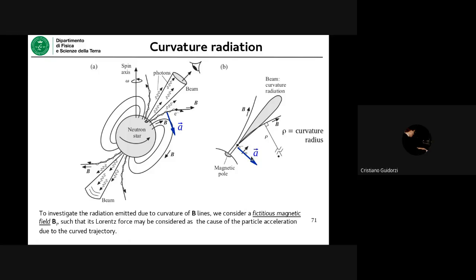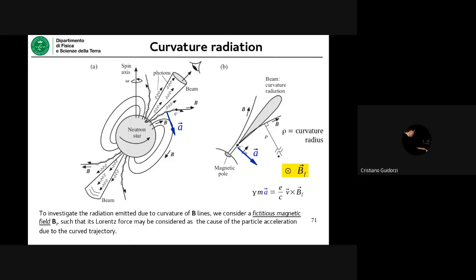Because then you can exploit all the results about synchrotron radiation using this fictitious magnetic field. And indeed, if you work out the Lorentz force, taking into account that the electron is moving this way, and of course the negative charge of the electron, you will see that you need a fictitious magnetic field working like that.